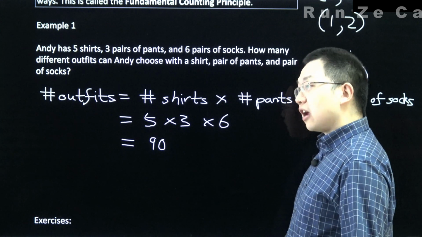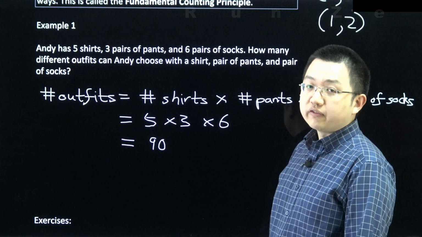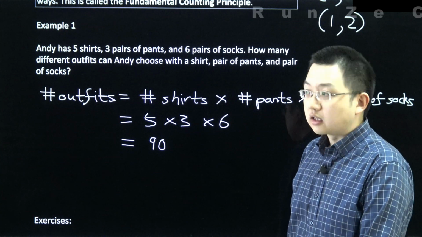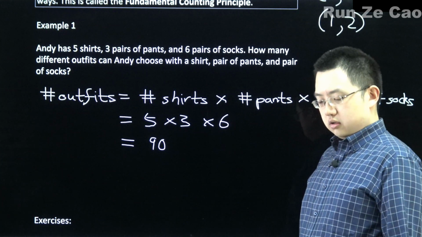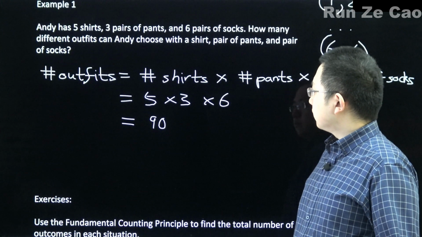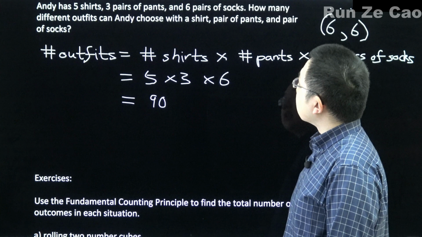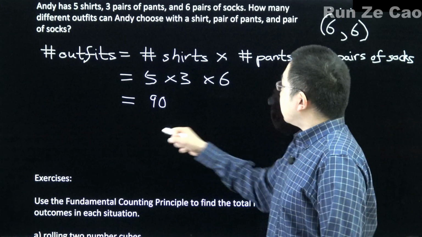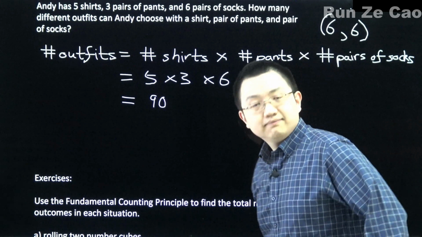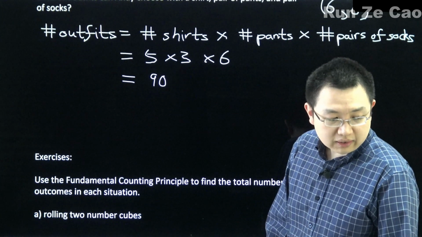Usually. I mean, yes, there are actually people who have very few outfits. Such is life. Okay. The statement would be, Andy can choose 90 different outfits. We'll skip writing that, though.